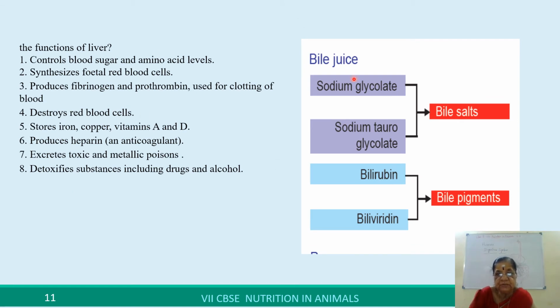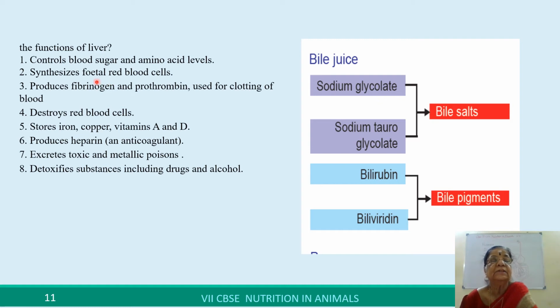I told you bile juice has sodium glycolate and sodium tauroglycolate, which are bile salts, and bilirubin and biliverdin, which are bile pigments. Functions: it controls blood sugar and amino acids. It synthesizes fetal RBC. RBCs are red blood corpuscles. They are produced in the bone marrow and destroyed in the spleen and liver.